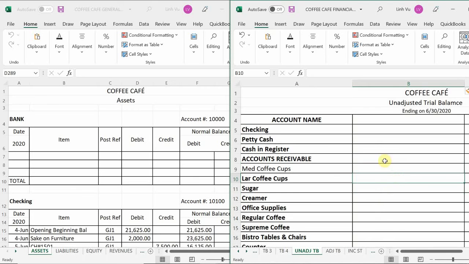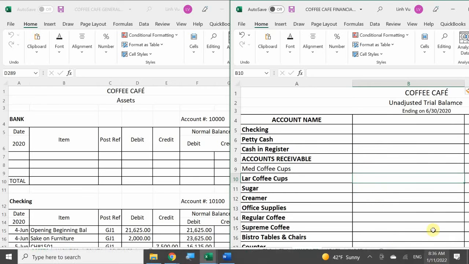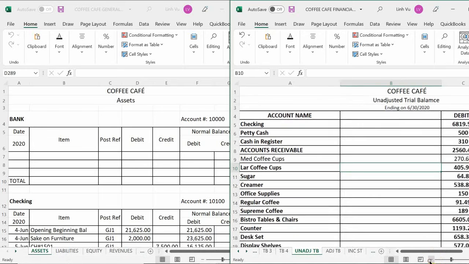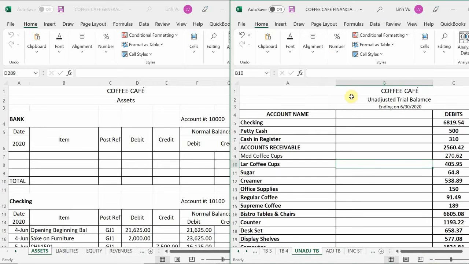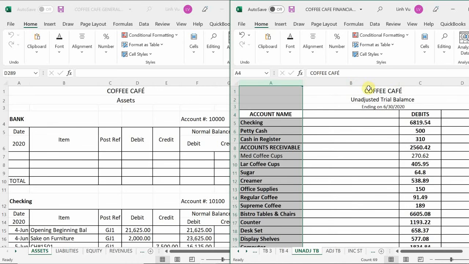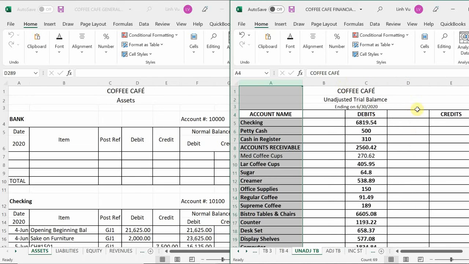So what you're going to notice is now I've created these columns like this. So I'm going to shrink this up real quick, and I'm going to format my columns accordingly because I need to be able to see everything on here.